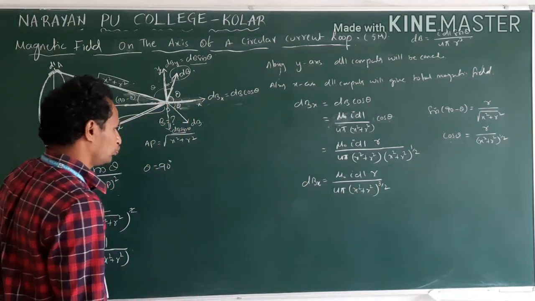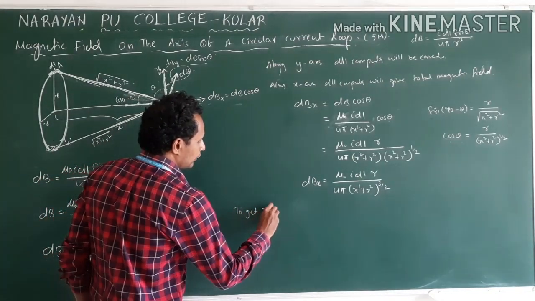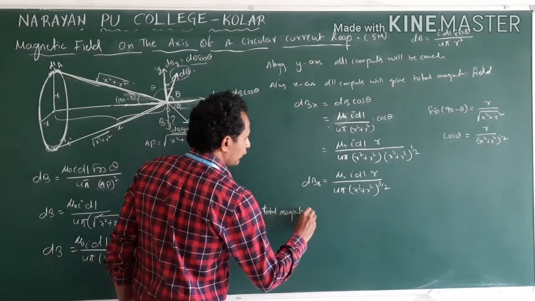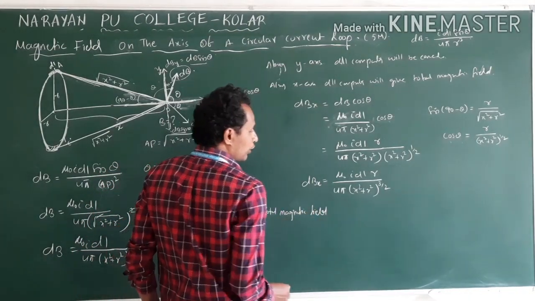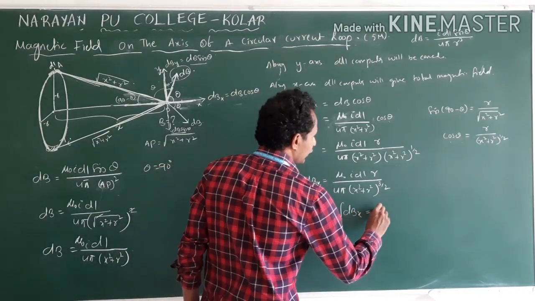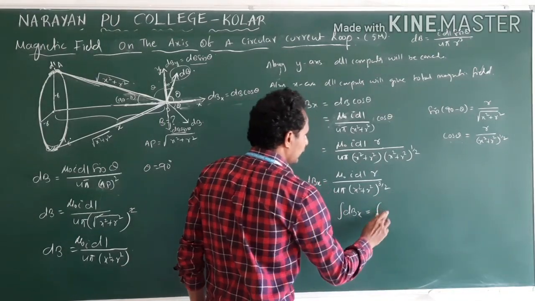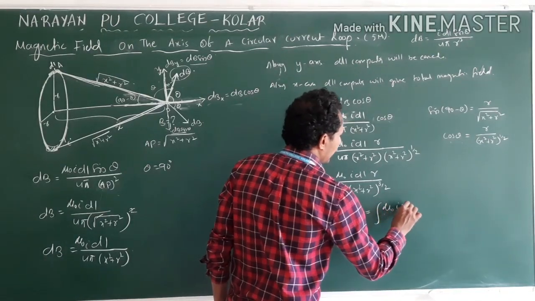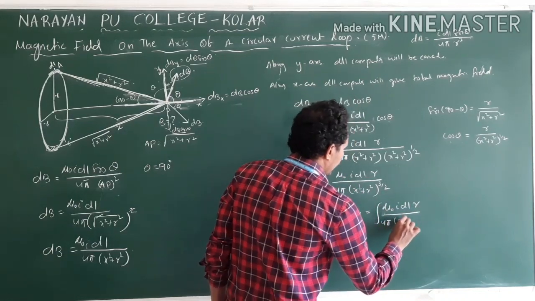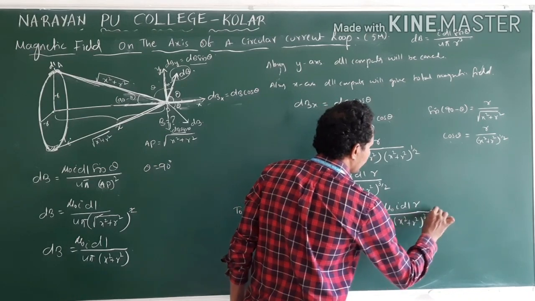What do we do to get the total magnetic field? Integrate. dBx is equal to the integration of mu naught I dl r by 4 pi x square plus r square whole power 3 by 2.